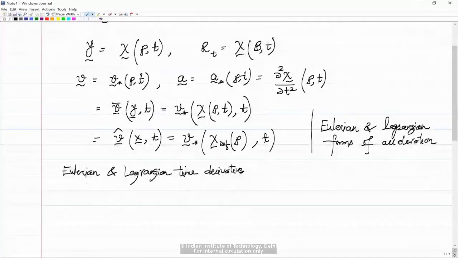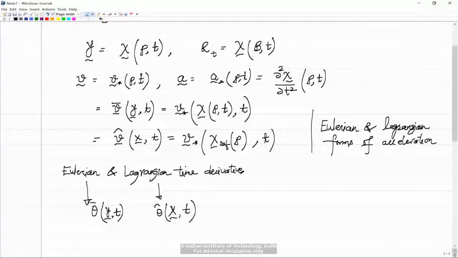So the Eulerian derivative, for example, has to be applied to the Eulerian function, right? So again, think of, let us say, temperature theta, isn't it? So there are two forms, theta being a function of either y comma t, which we wrote as theta bar, and in the Lagrangian form, it is theta hat being a function of x comma t. Okay.